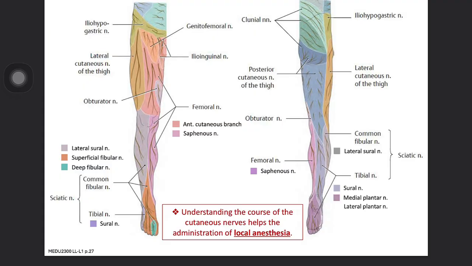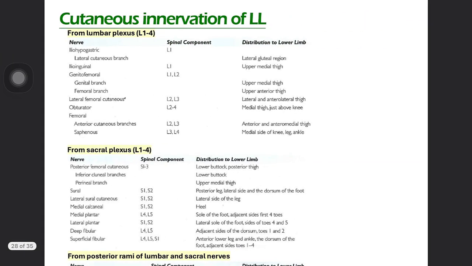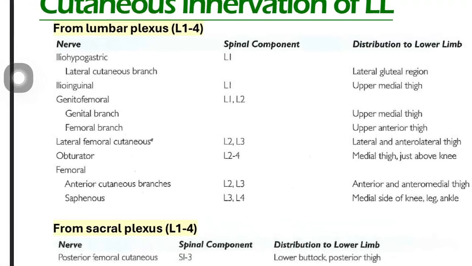Originally these are to help us understand the cutaneous supply, and to know where to apply local anesthesia to block the nerve. Now again, you may ask, do you have to know the numbers?